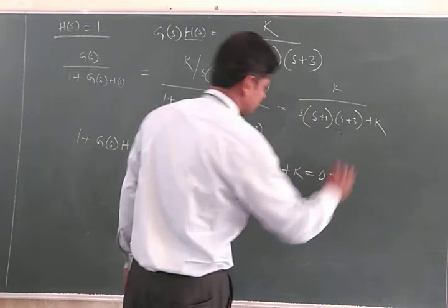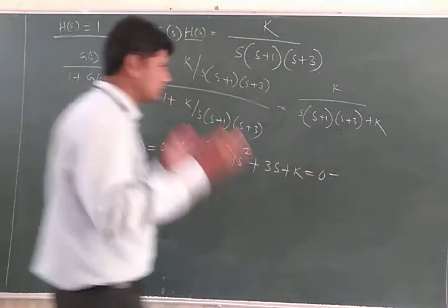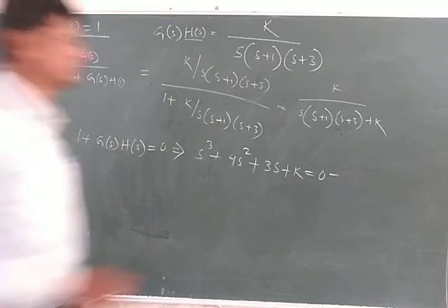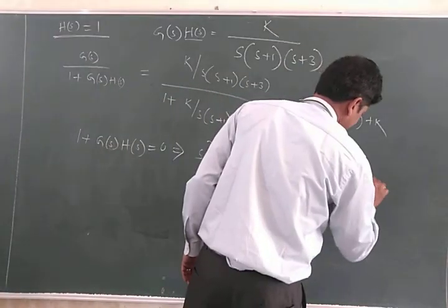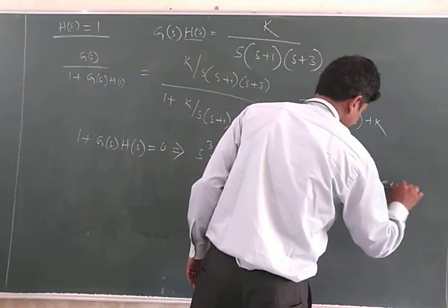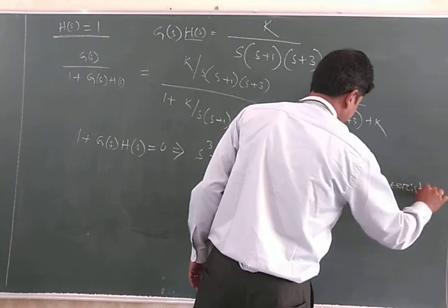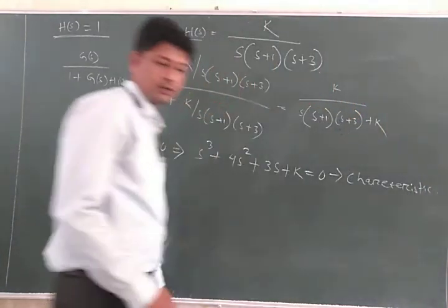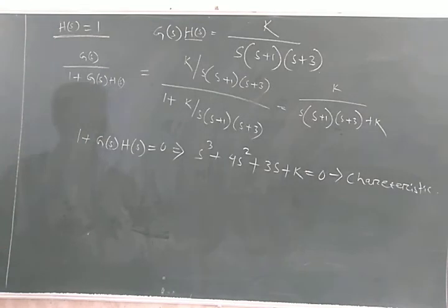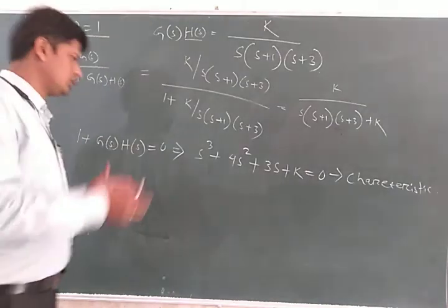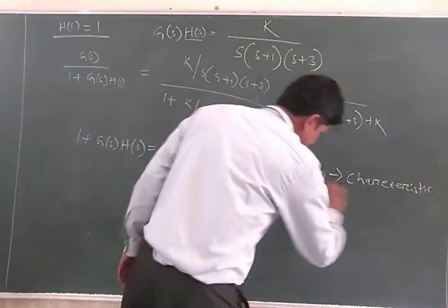So this is the characteristic equation of this control system. Now we want to find out the roots of this characteristic equation.